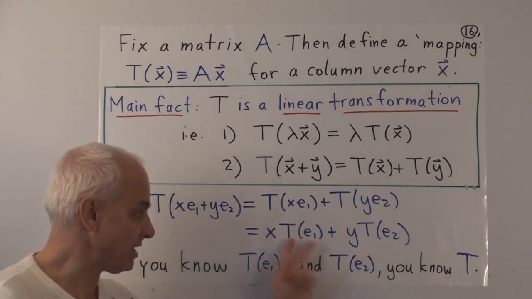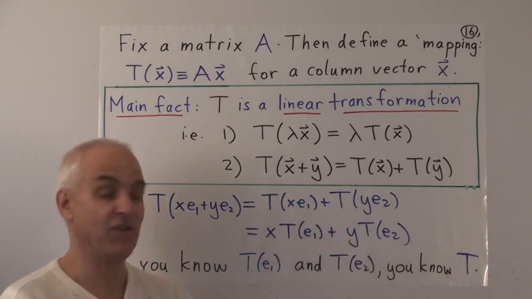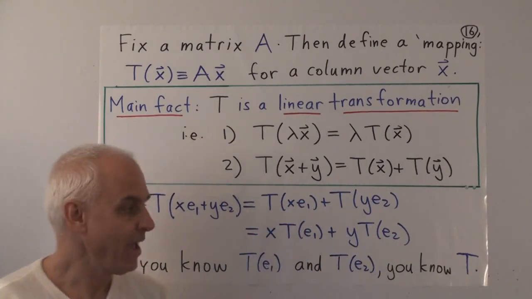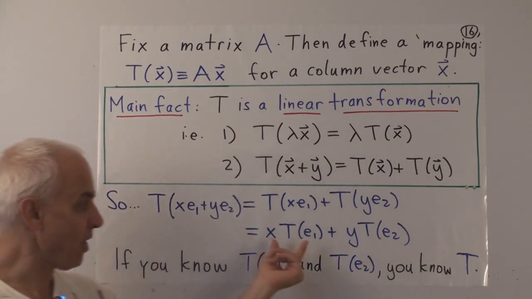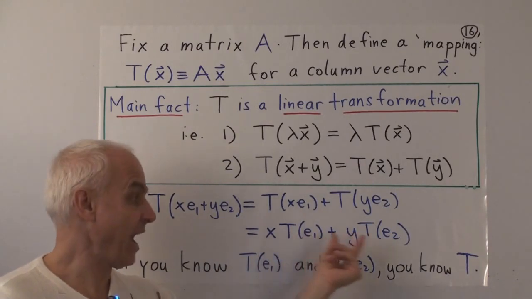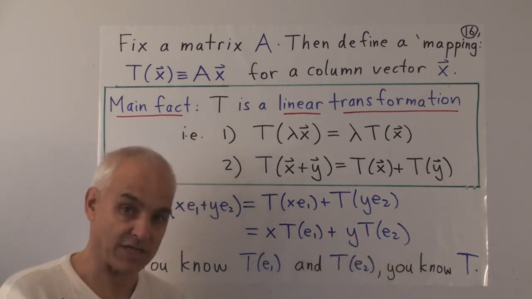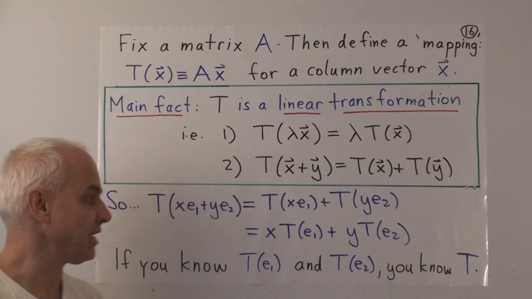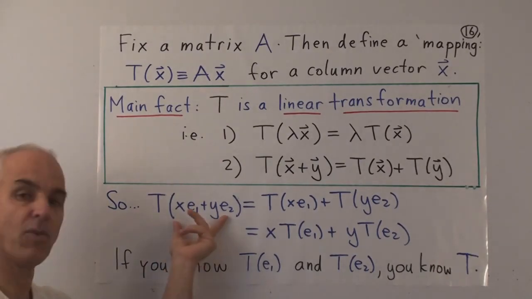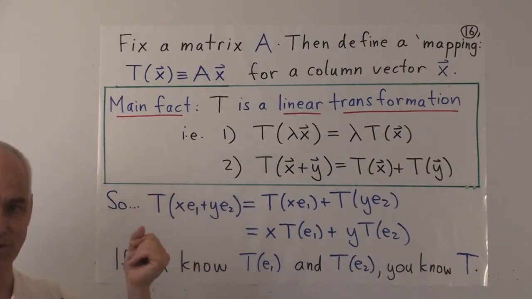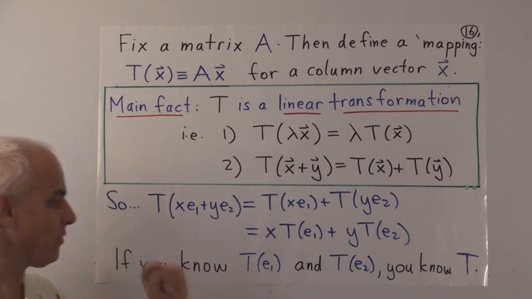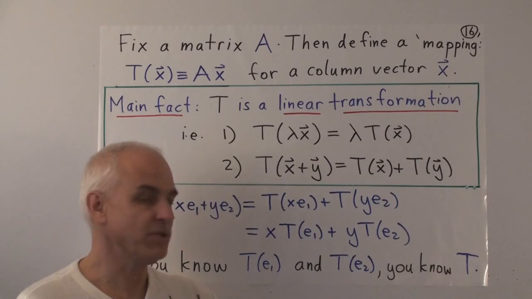So this is x times T of e1 plus y times T of e2. And that's telling us that if we know what the vector T of e1 is and the vector T of e2 is, just those two particular values, then we can figure out what T does to any vector. So if you know T of e1 and T of e2, you know T.